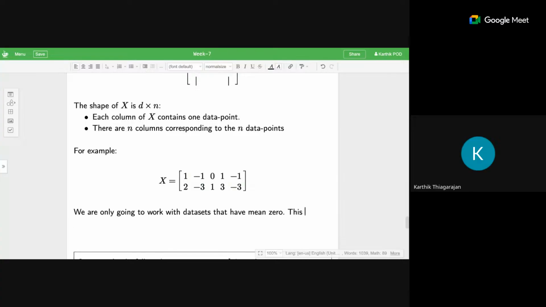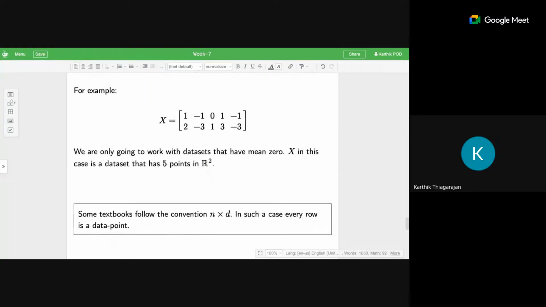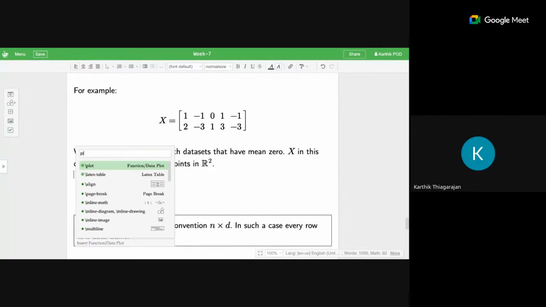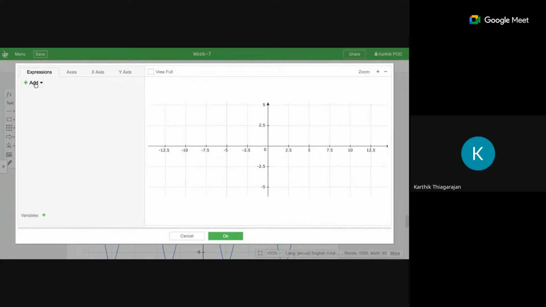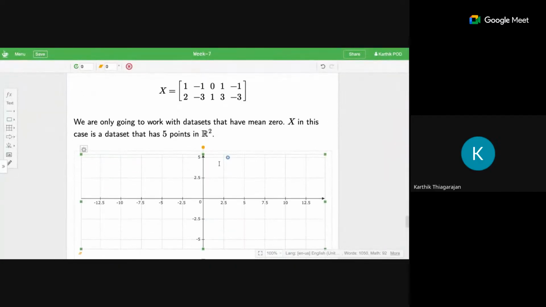So x in this case is a data set that has 5 points in R2. If you visualize this, it's not too hard to see. You can plot the individual points, so let's very quickly do that. Points and vectors are kind of the same thing.